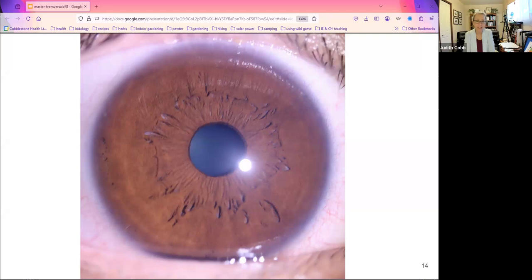Ciliary zone fibers are not easy to see. Yeah, they can be difficult to see. And that's one of the trademarks of a true hematogenic or brown eye. And so when we are working with a brown eye, we're not going to see transversals because of the pigment density. Right. And so we need to then be looking for other things that we see in a hematogenic eye.